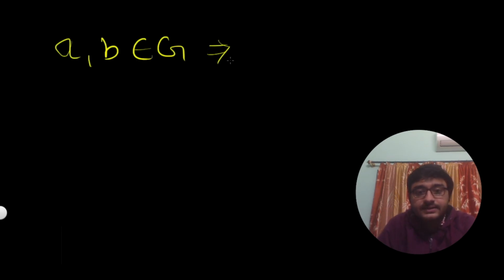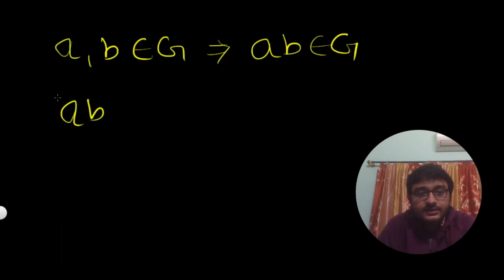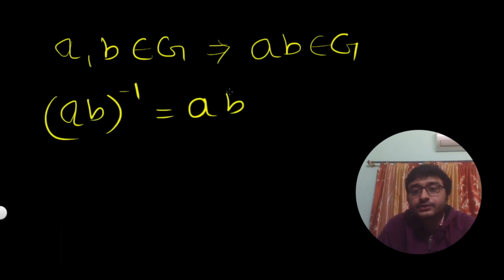So if A and B belong to G, this implies AB also belongs to G. That means AB inverse is also equal to AB. Why? Because we already showed that G consists of elements whose order is 2.